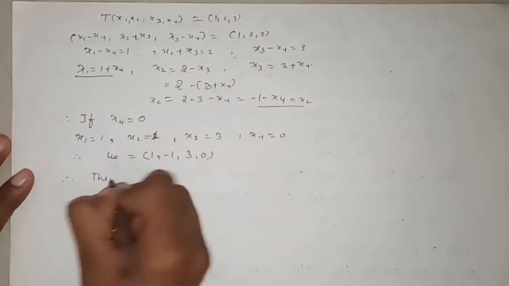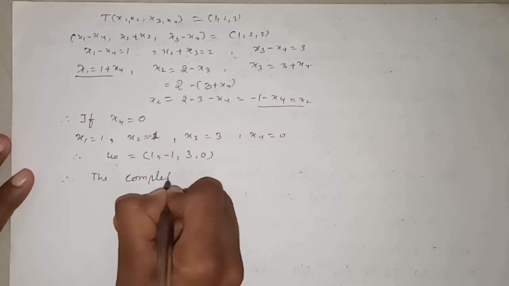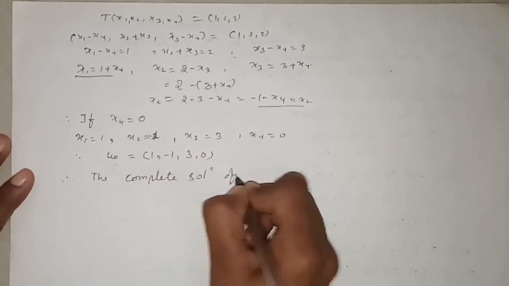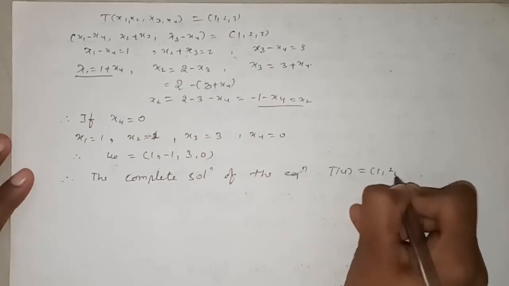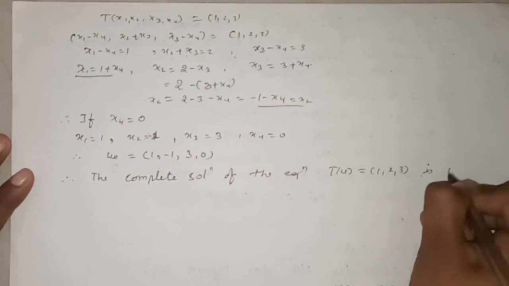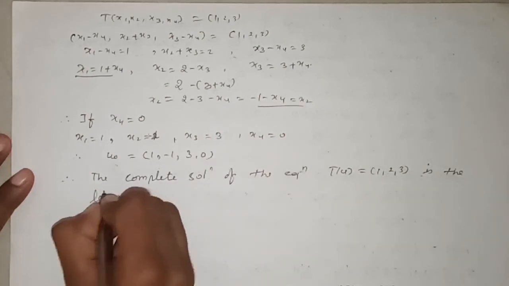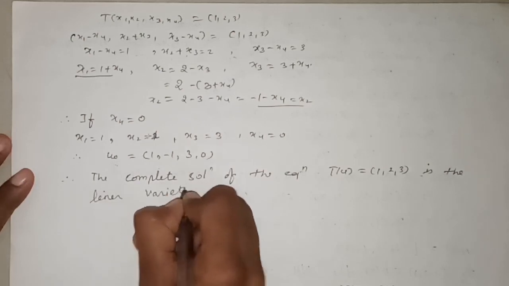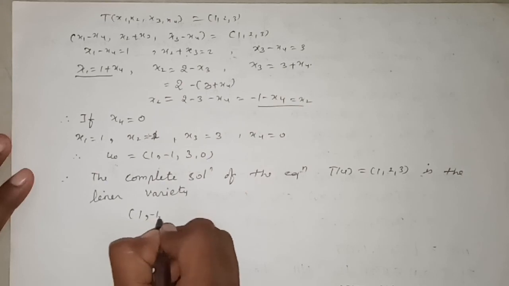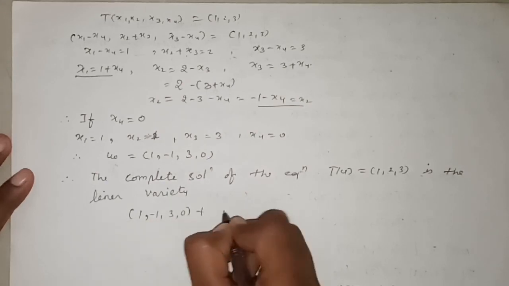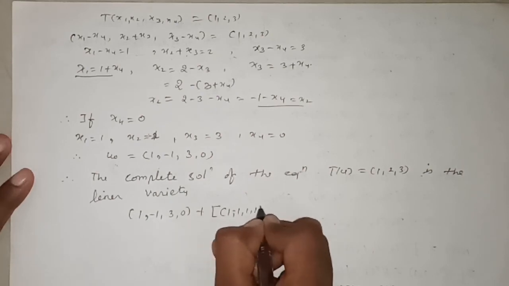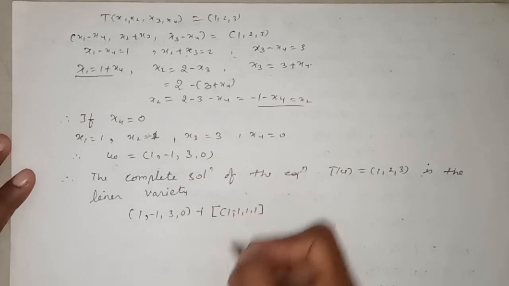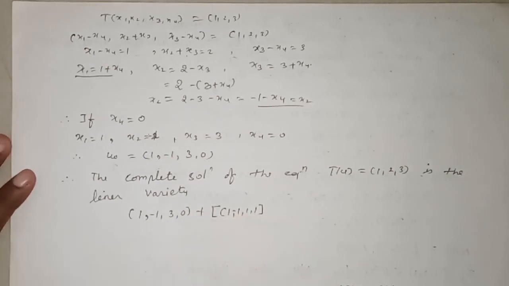Therefore the complete solution of the equation T of u is equal to (1, 2, 3) is the linear variety of (1, minus 1, 3, 0) plus the kernel of T, which is span of (1, minus 1, 1, 1). This is the T pre-image of T of u equal to (1, 2, 3). So this is our solution.